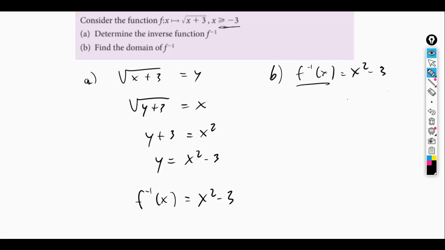Since the lowest value is 0, and after that it just goes up and up and up, that means that the range would be from 0 to infinity. Therefore, the domain of the inverse would be the range of f of x. So that means that the domain of this would be restricted to 0 to infinity.